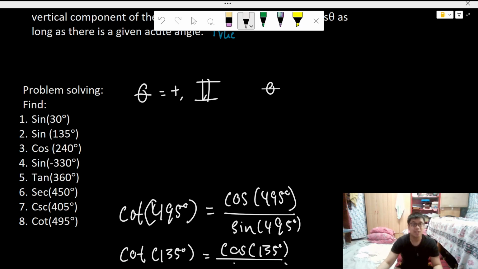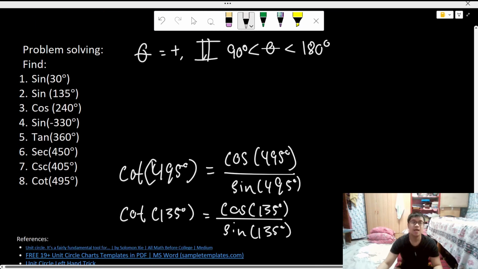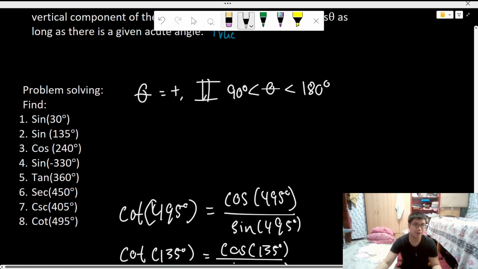If the angle is positive, or in other words it rotates counterclockwise, and it's greater than 90 degrees but less than 180 degrees, that means your angle is in the second quadrant.